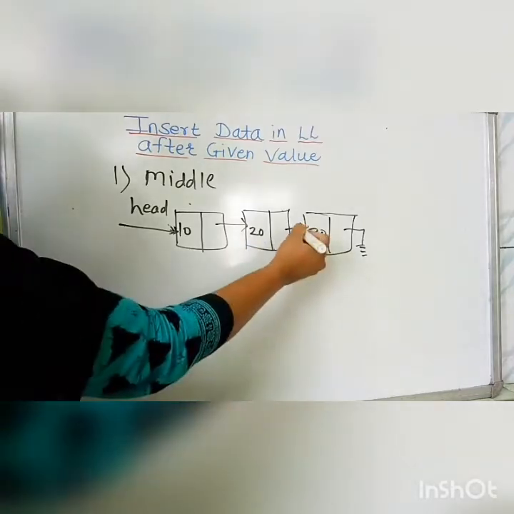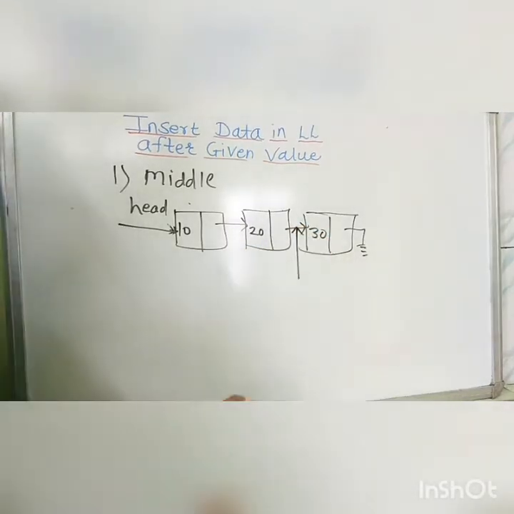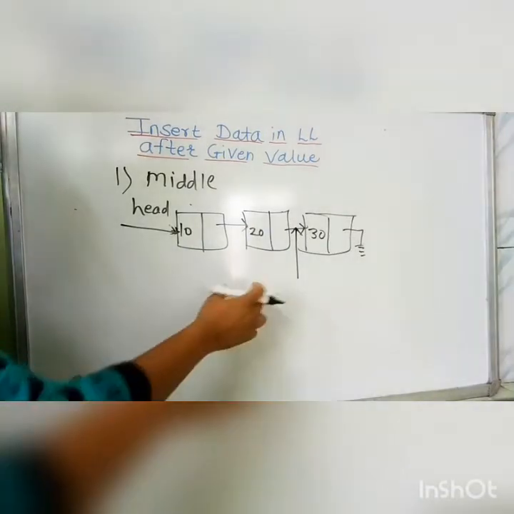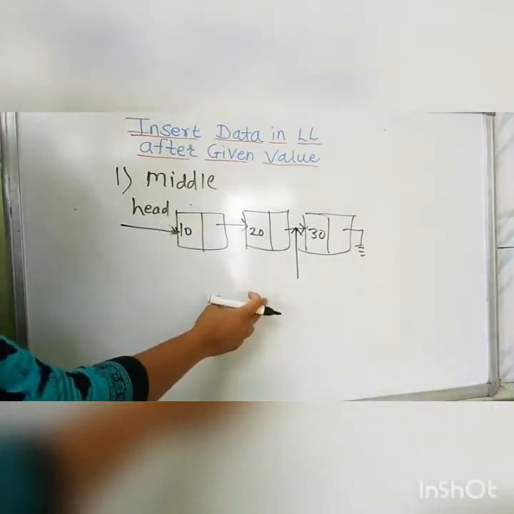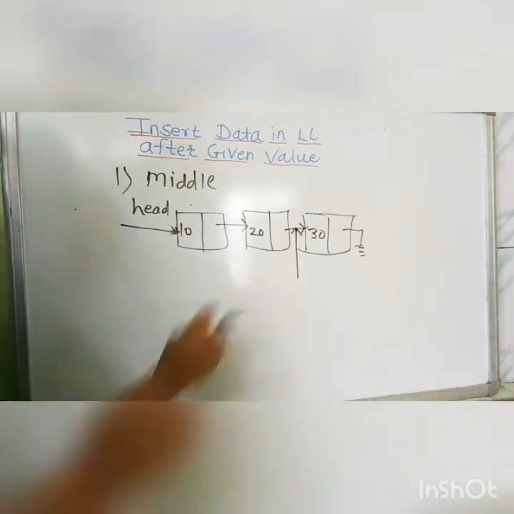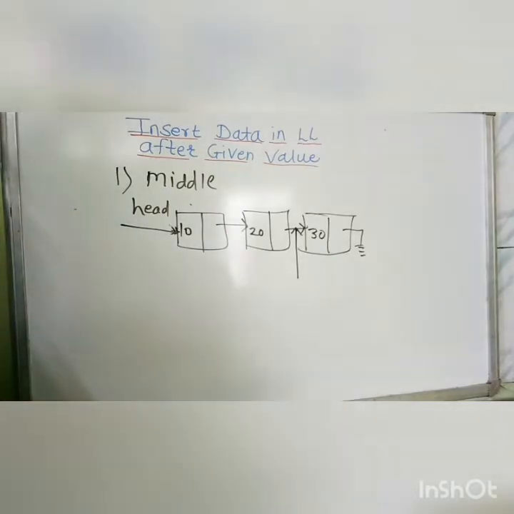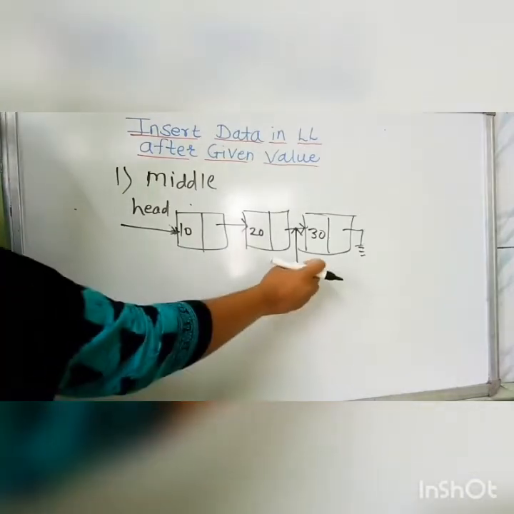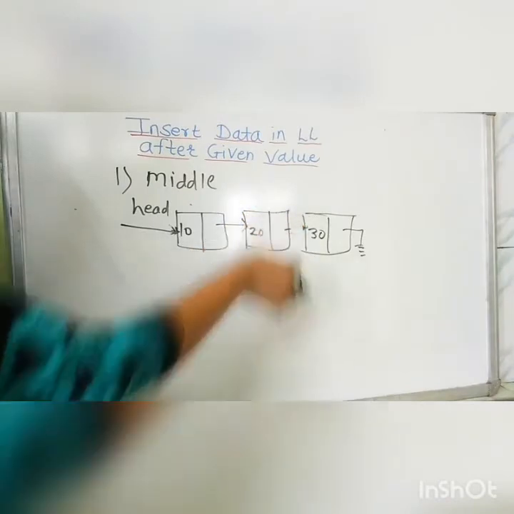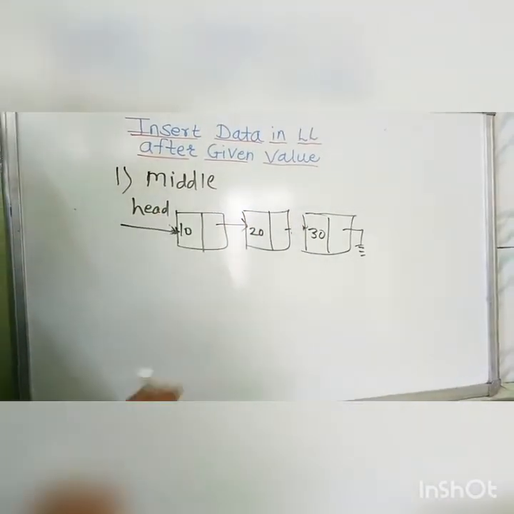Suppose it is the third position, meaning we have to insert the new node after this. Then same as before, we will create the new node, allocate the memory, make its next pointer null, and accept the data in it. But how can we attach this in this particular position? Suppose they had provided us the third position, we will accept it from the user.